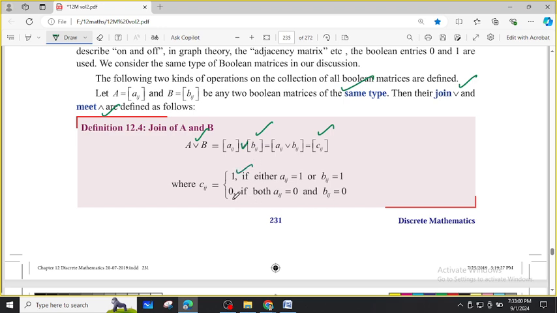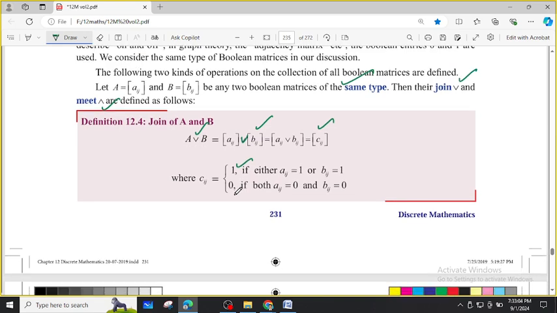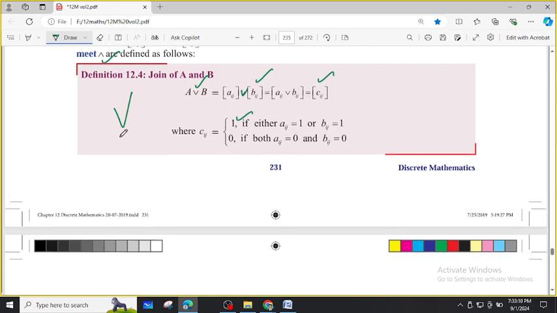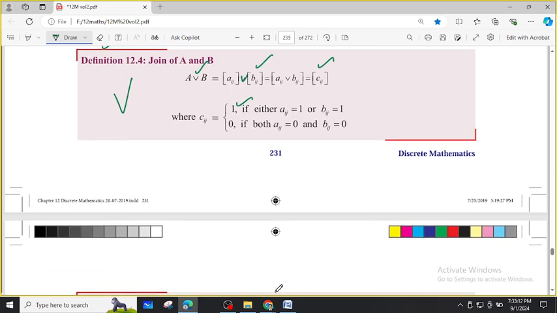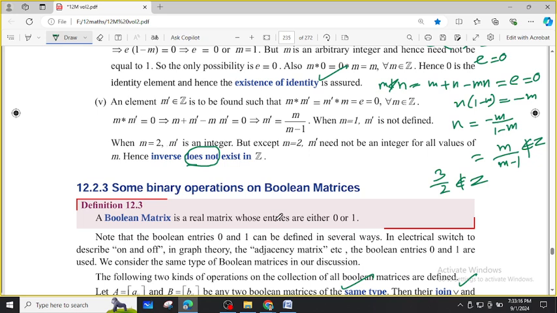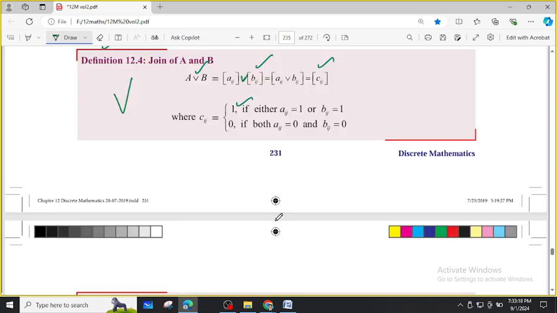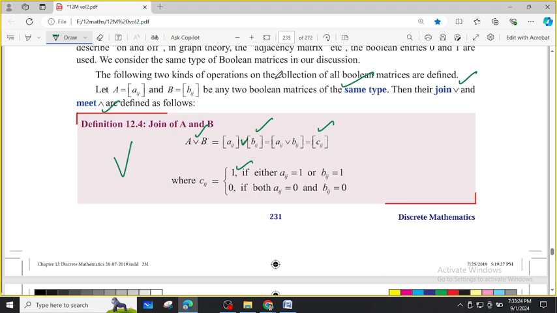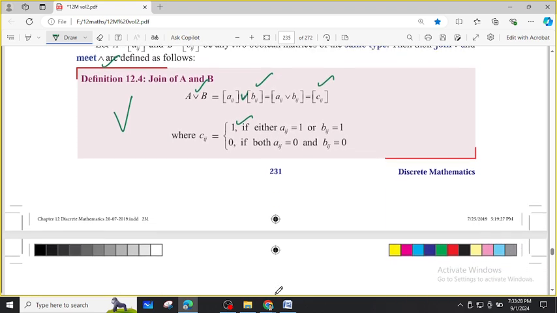Both are 0 means 0. That is your definition for this join. This symbol is called join. For Boolean matrices, we joined them, or another operation we defined, which is meet. Join matrix or meet matrix.